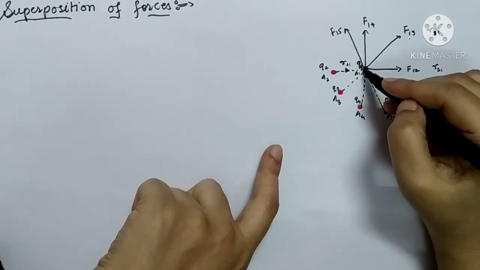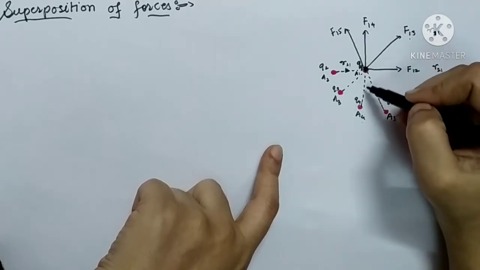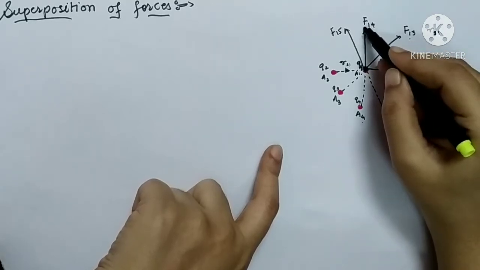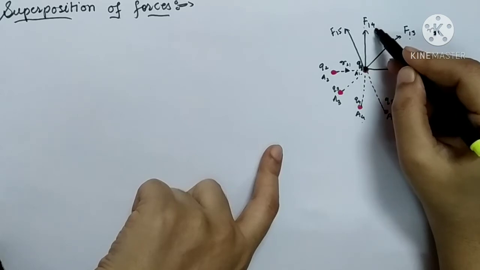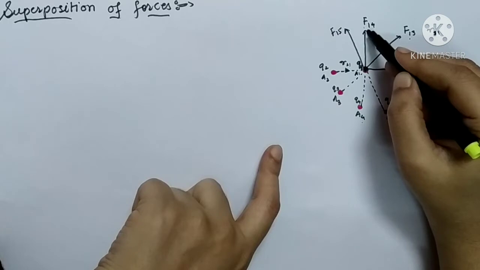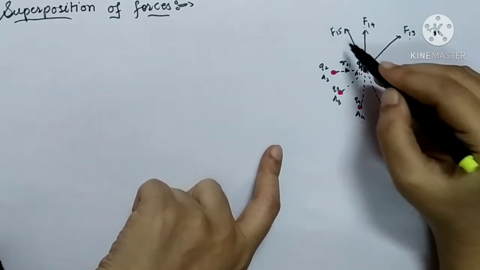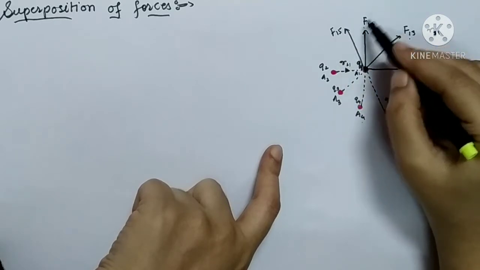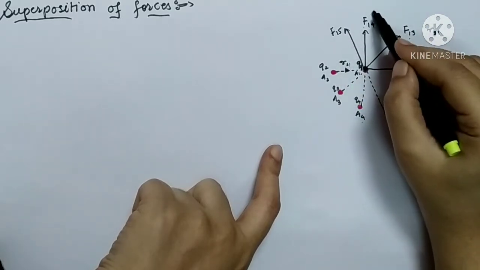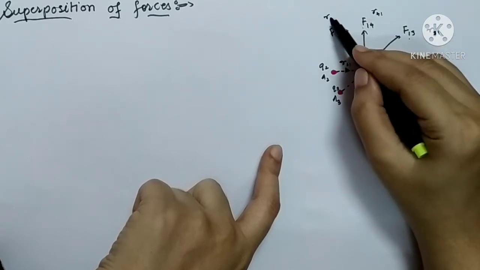Similarly, the charge Q1 is repelled by the charge Q4, and this force of repulsion is directed in this direction. It is denoted as F14, the force experienced by the charge 1 and exerted by the charge 4. Similarly, here we have F15, and their corresponding distances are R41 and R51.